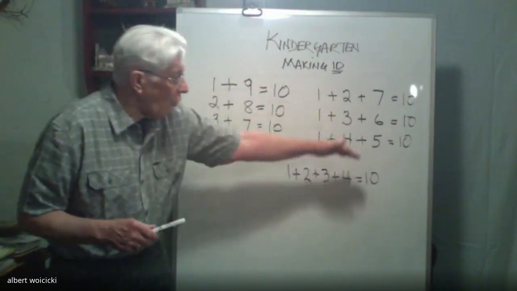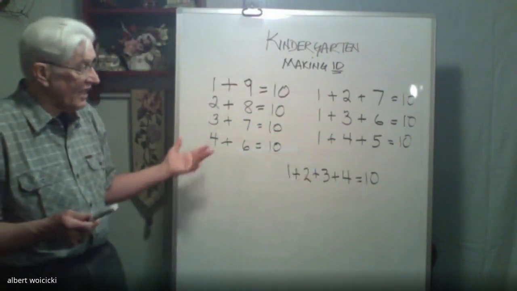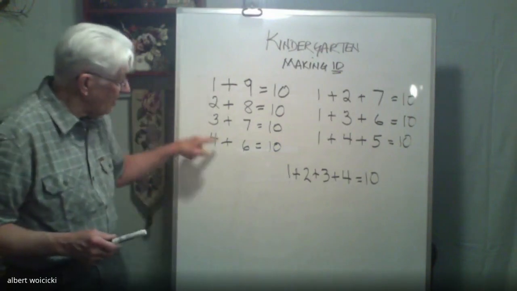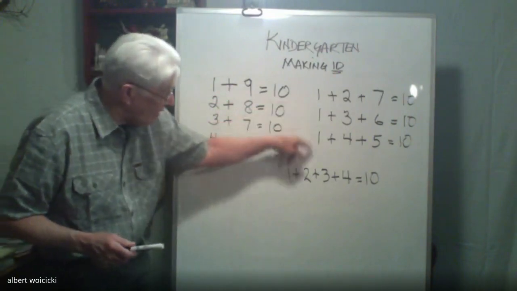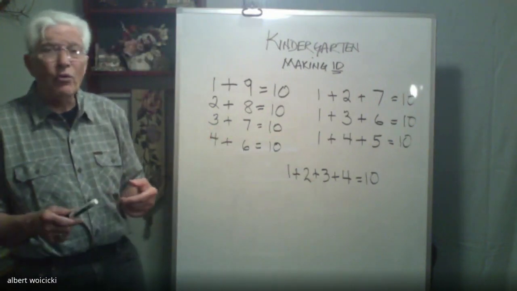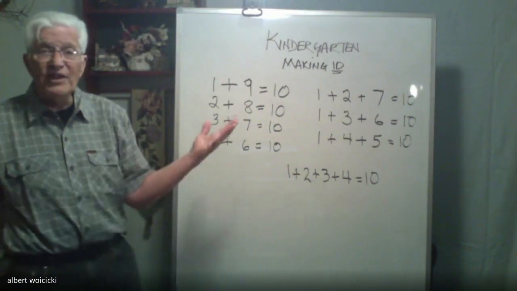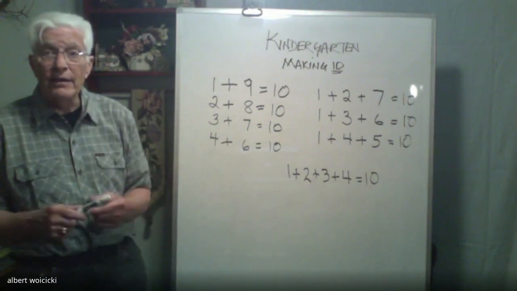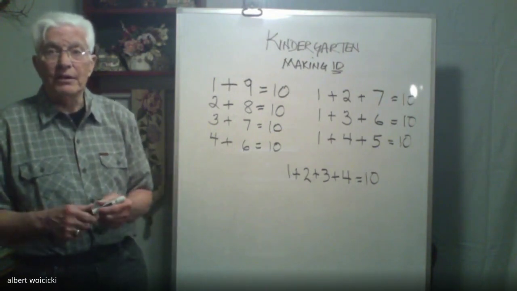Okay, so you see we got a whole bunch of numbers here to get to 10, all starting with the number 1. But what if we eliminated the number 1? What if 1 wasn't part of it?